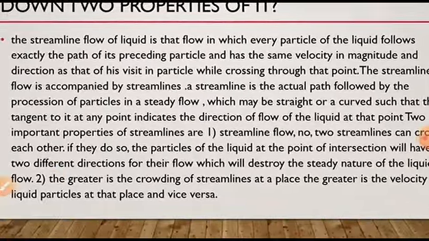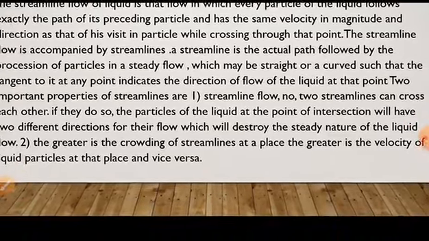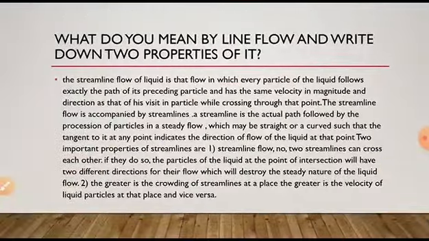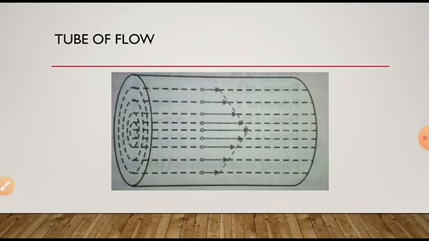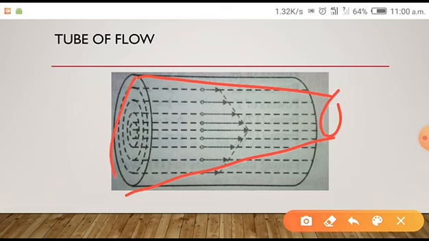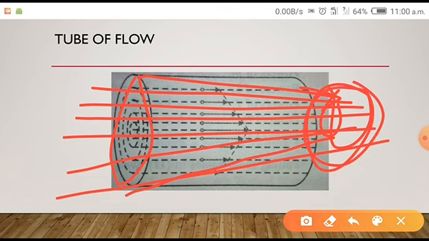The second point says that the greater the crowding of the streamlines at a place, the greater the velocity of the liquid particles at that place, and vice versa. Suppose I consider that the upper surface of the pipe is like this, slightly manipulated. Then you will see that all the streamlines will gather in these portions.